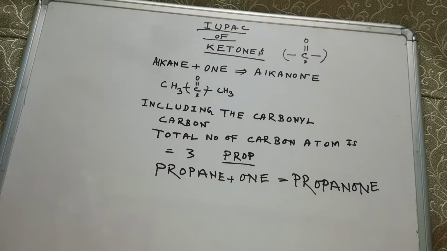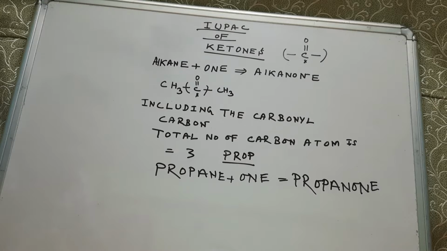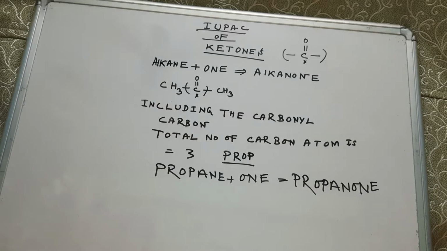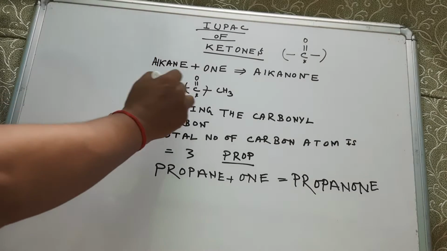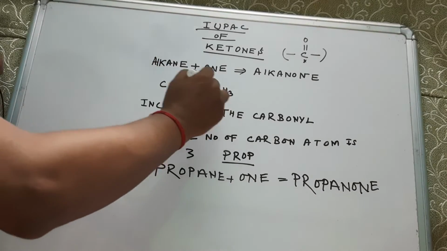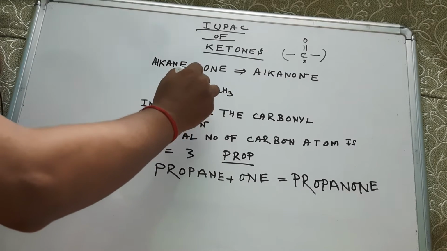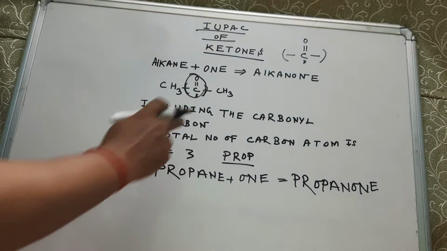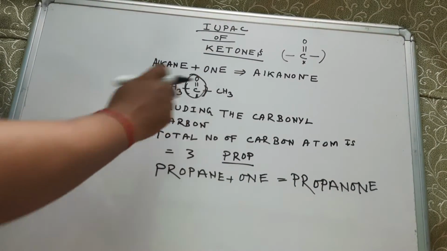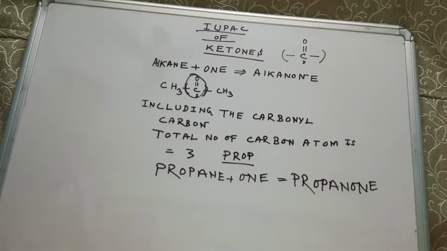You may think about the numbering, but my dear friend, here the ketone is symmetric. Why do I use the term symmetric? Look, the two sides of the keto carbon atom are the same.